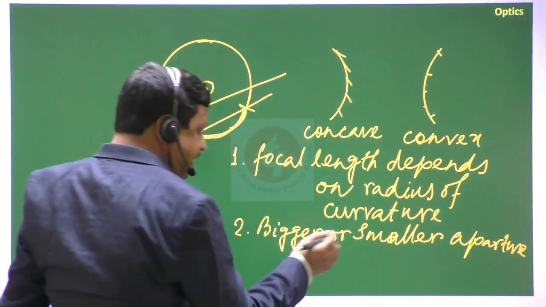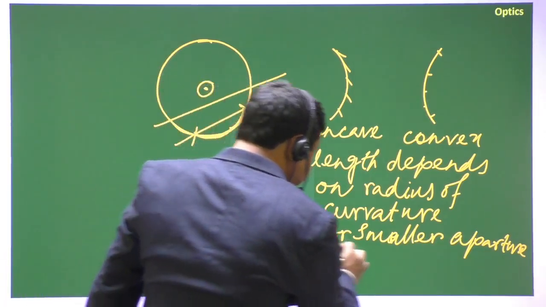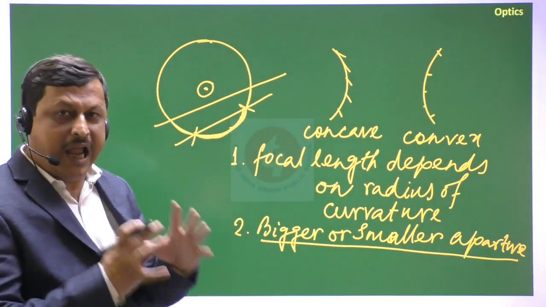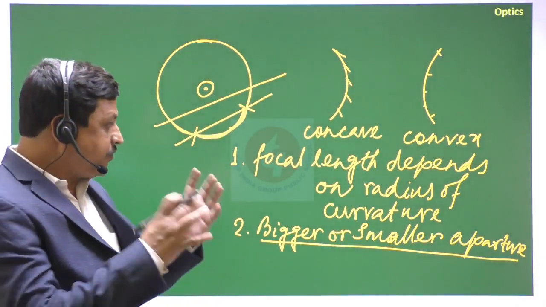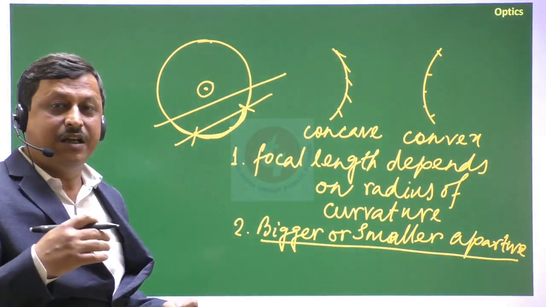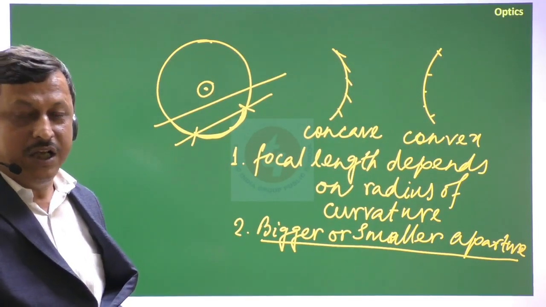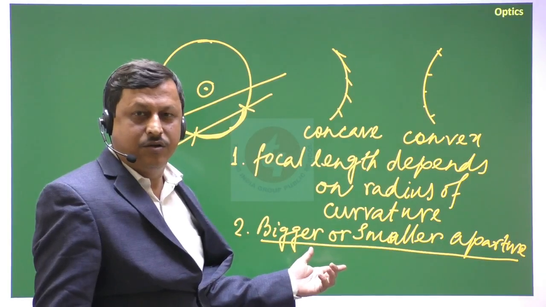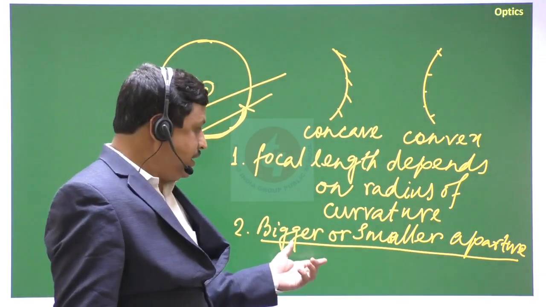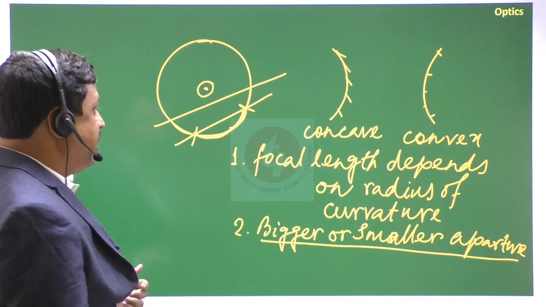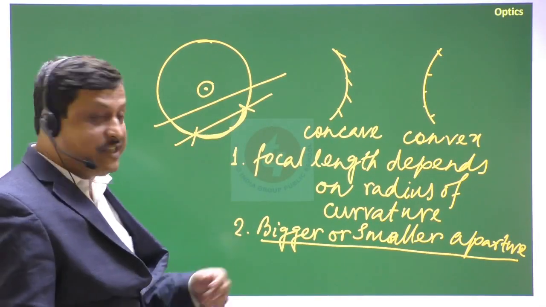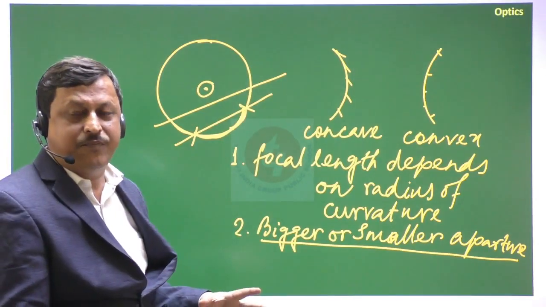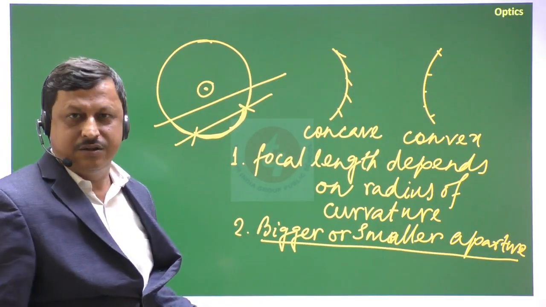Basically it varies the amount of light reflected from the mirror, greater or lesser. That doesn't depend on the focal length. If the aperture is bigger, the amount of light reflected from this mirror is higher, right?